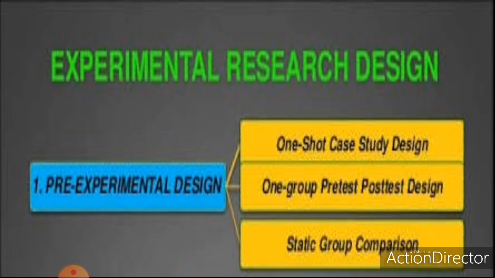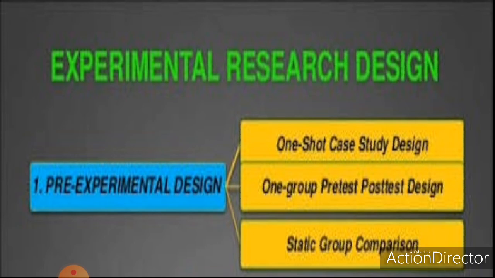In one shot case study design, a researcher selects only one group and conducts the experiment on that group. This selected group is known as the experimental group. The researcher selects only one group, makes the experiment in that group and conducts a post-study in one shot case study design.